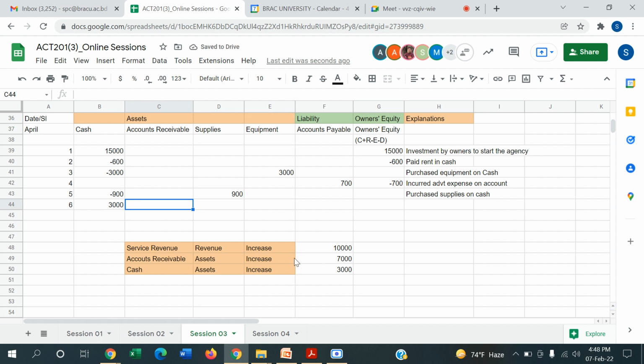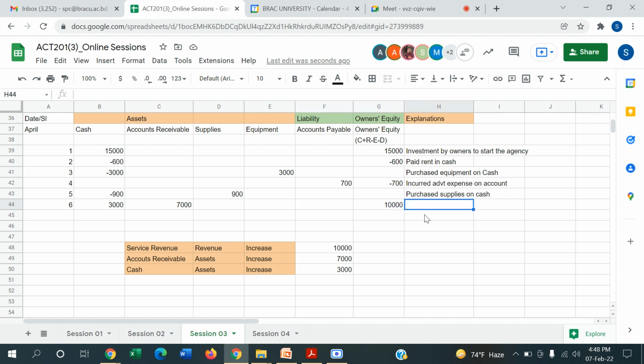Accounts receivable 7,000 increased. What about the service revenue? It will fall under owner's equity, which will increase by 10,000. You can see total asset is 10,000 and total liability and owner's equity is 10,000 as well.